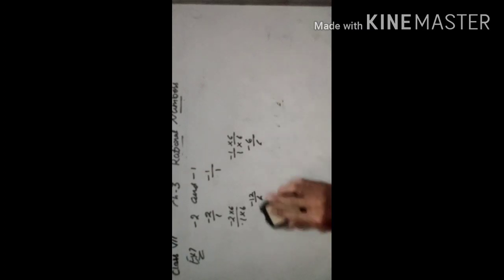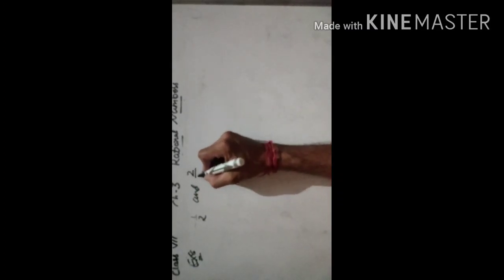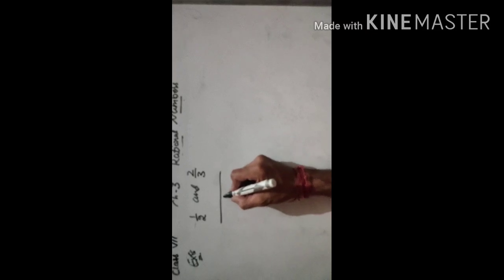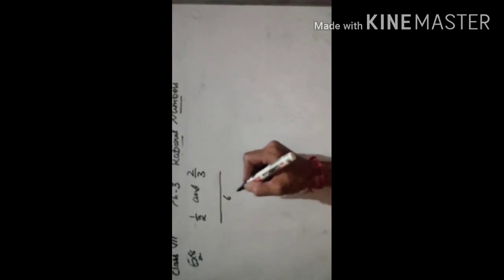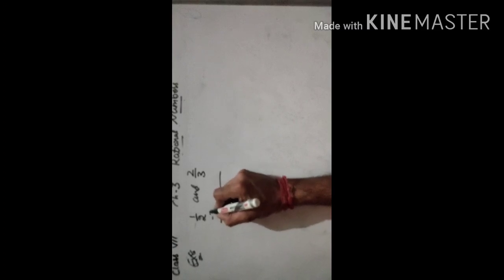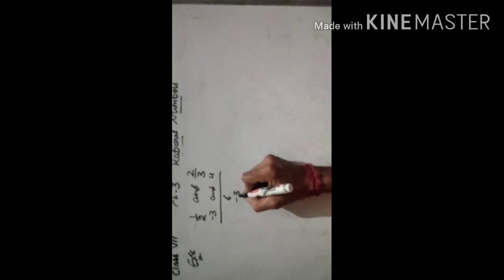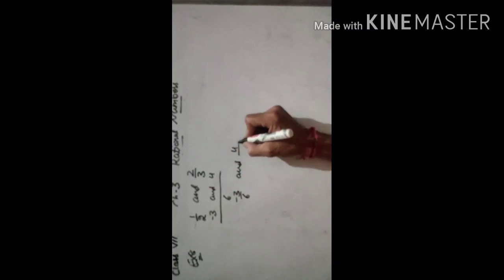Now example number 8. Insert 6 rational numbers between minus 1 by 2 and 2 by 3. Here in this case the denominators are not the same. So first of all we have to make the denominators the same by taking the LCM. The LCM of 2 and 3 is 6, giving minus 3 by 6 and 4 by 6.